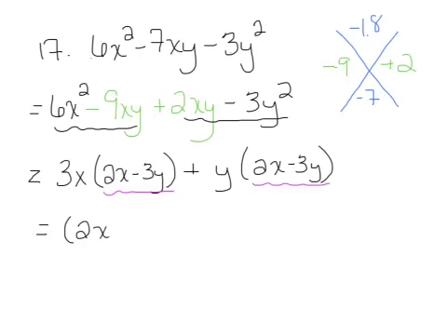So I pull that out to the front, and I am left with 3x plus y. So the process of factoring polynomials in two variables is completely the same as factoring them in just one variable. You just have that extra y in there that you have to account for.